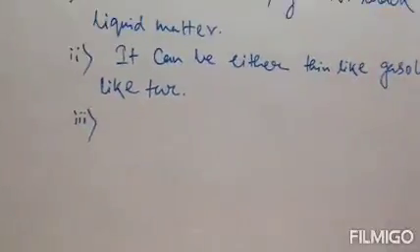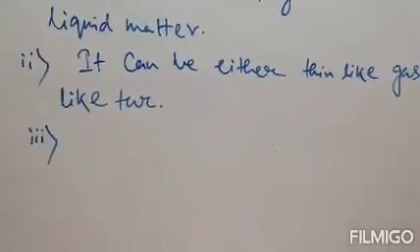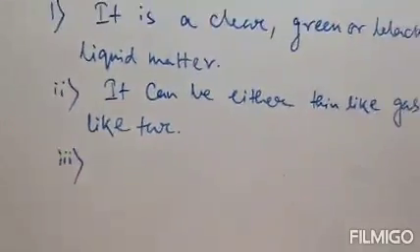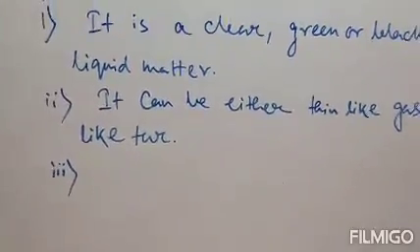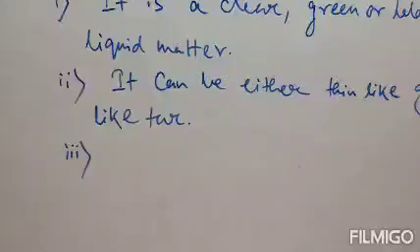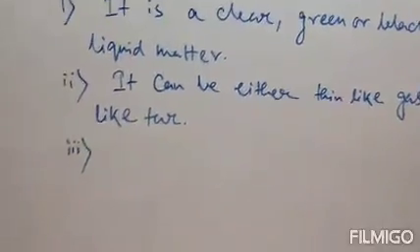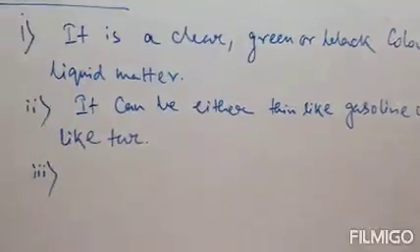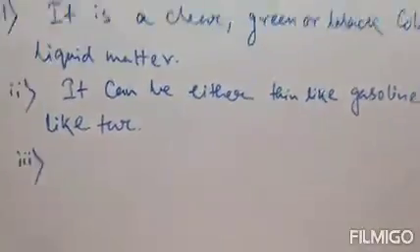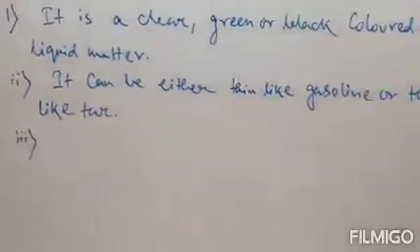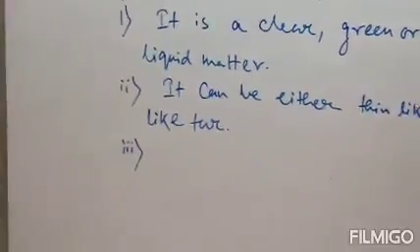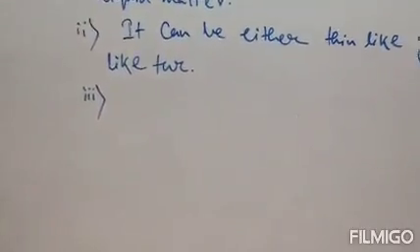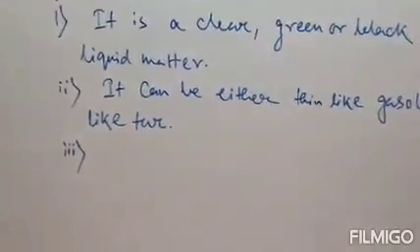The third property of petroleum is that it is a mixture. Underground, petroleum is not available in raw form, it is available only in mixture form, and from that mixture we separate different constituents. So it is a mixture of petroleum gas, lubricating oil, diesel, petrol, paraffin wax and many other constituents.